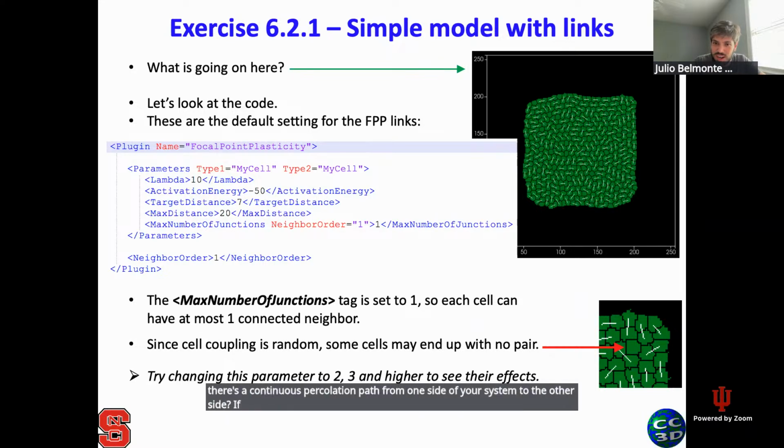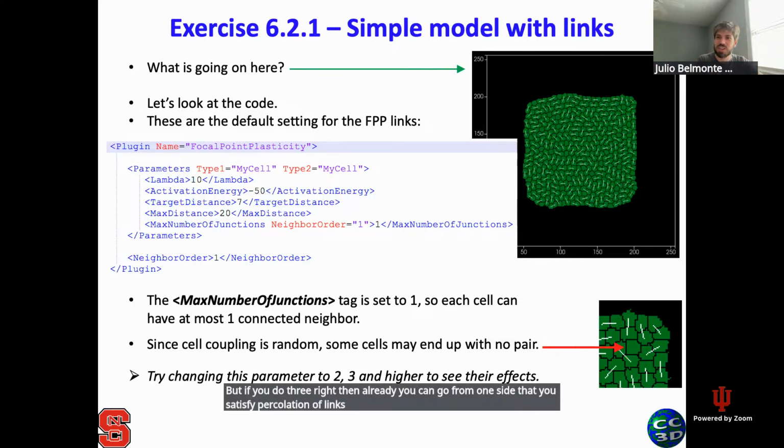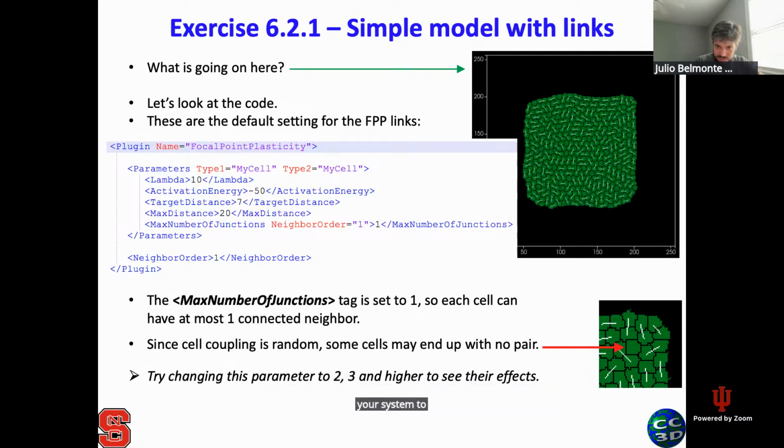If two is very hard to find, actually in the example from Snigda, there is one path. I just found one by chance, but I don't think there is such one by Aritra. But if you do 3, then already you can go from one side to the other, satisfying percolation of links. And of course, you can keep increasing that.